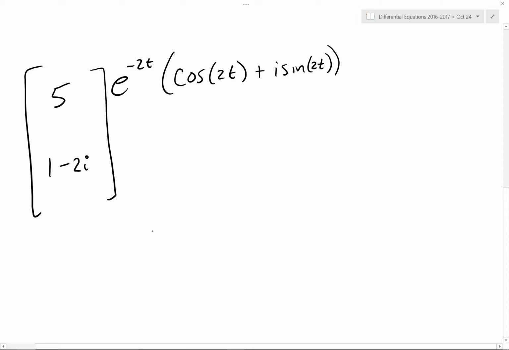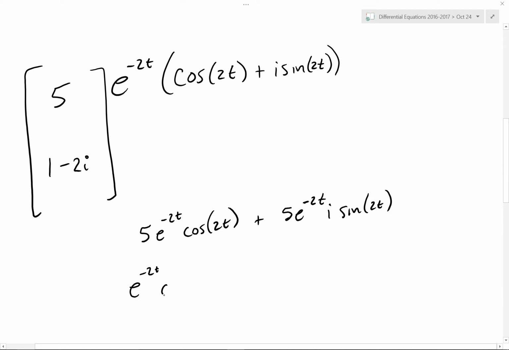So if you do that on the top row, you will end up with 5 e to the minus 2t cosine of 2t. And then you will end up with a 5 e to the minus 2t i sine 2t. On the bottom, you will end up with a 1 e to the negative 2t cosine 2t plus an e to the negative 2t i sine of 2t.